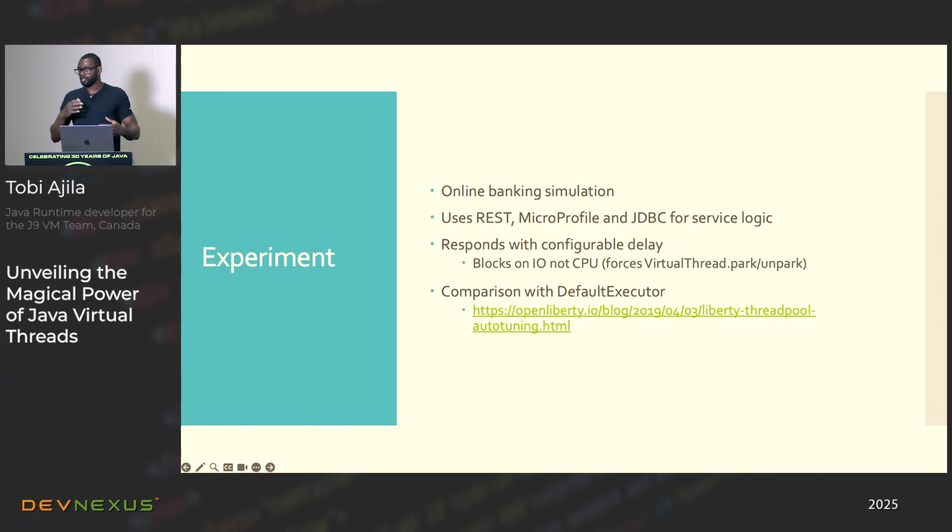If there are some executors that are blocked, it adds more threads. If it notices degradation because there's too much context switching, it removes threads. So it's actively managing and controlling the level of concurrency based on performance using historical records. What was done with this experiment is we basically took that out and replaced it with virtual threads.